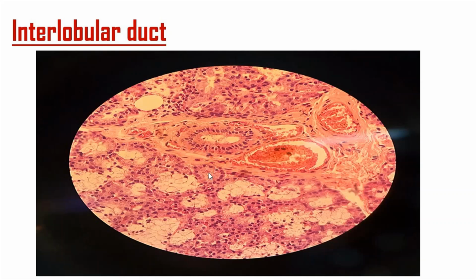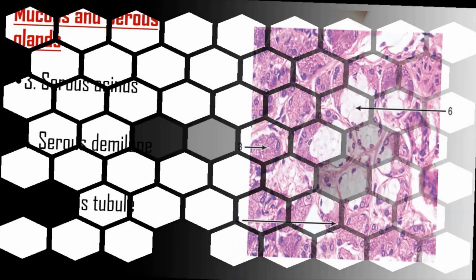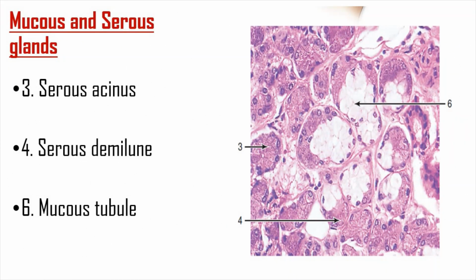So name the duct, name the serous portion, name the mucous portion, draw and label. Okay, so this diagram also shows the same things. Okay, so 3 serous acini, 6 mucous tubules, 4 serous demilunes.